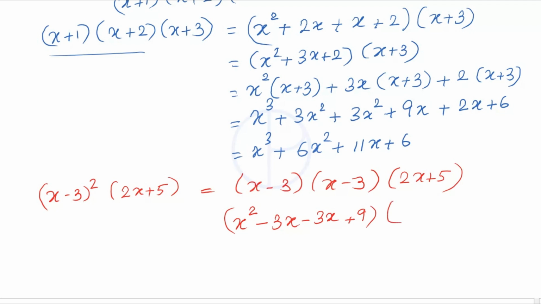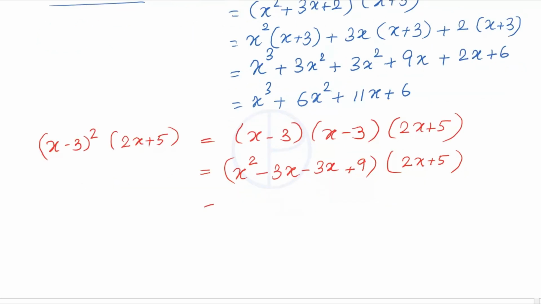And this bracket is multiplied by (2x plus 5). x squared minus 6x plus 9, multiplied by (2x plus 5).